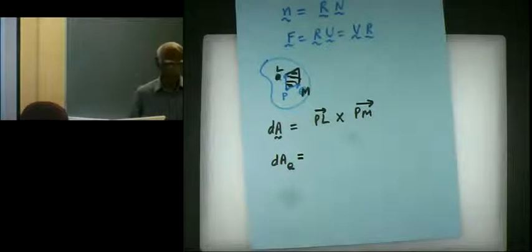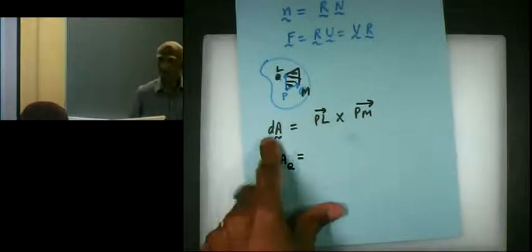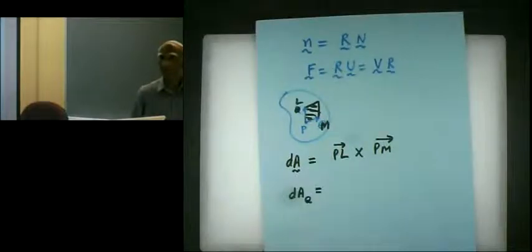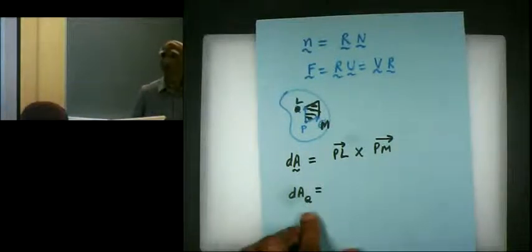I want to write dA is a vector. If you take the cross product, you get a vector. A vector has three components. So that's what Q means. Q can be 1, 2, and 3.